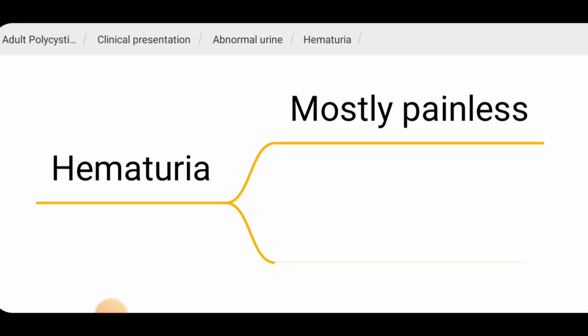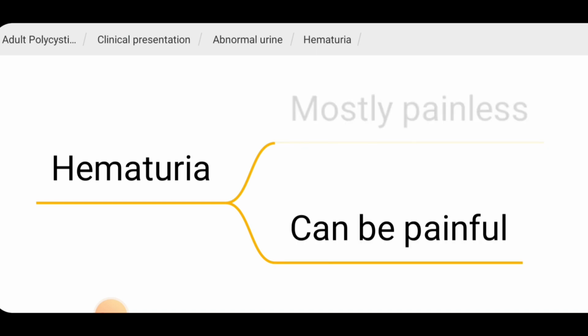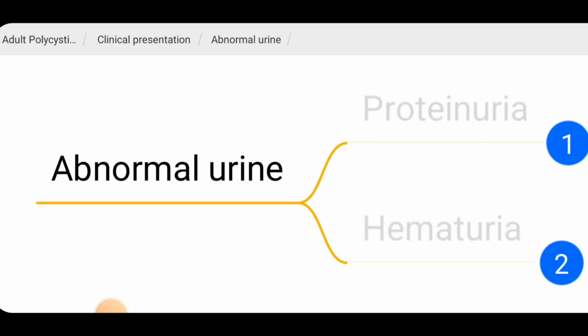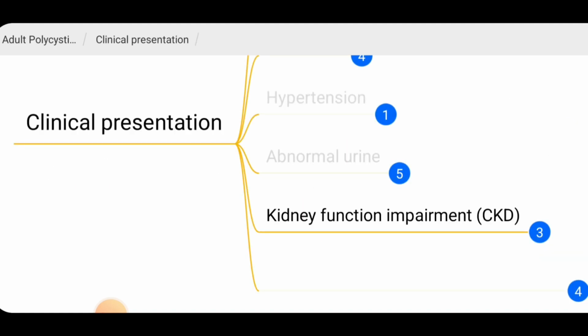Mostly it is painless, but it can be painful as well, because this hematuria occurs due to bleeding into the cysts which open into the pelvicalyceal system. So with that bleeding into the cyst, they can develop flank pain. And also, these patients may develop gross hematuria as well. So abnormal urine, including proteinuria and hematuria, are two presentations of adult polycystic kidney disease.